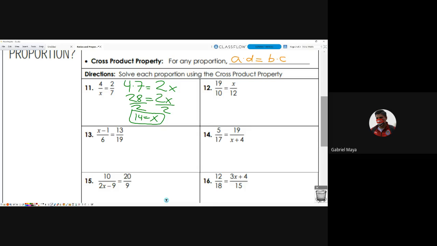You want to do 12? Go ahead. So 19 times 12 equals 10x. Okay. And then 228 equals 10x.